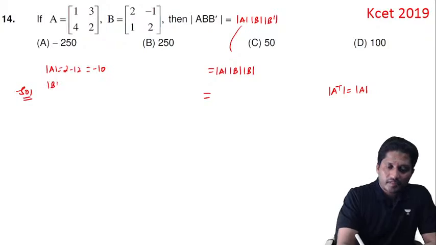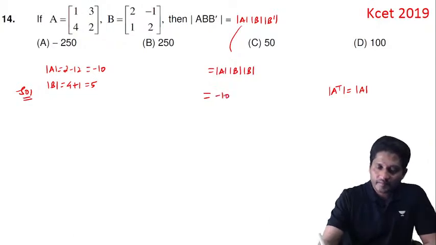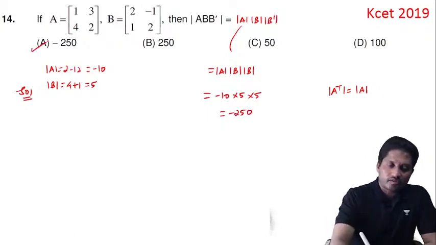And determinant of B is equal to 4 plus 1, which is equal to 5. So this is minus 10 into 5 into 5, which is equal to minus 250. Answer is option A.